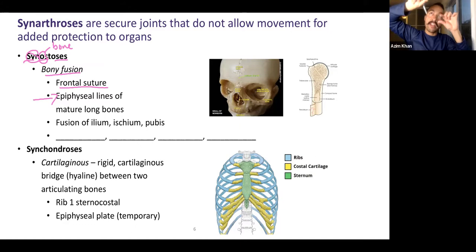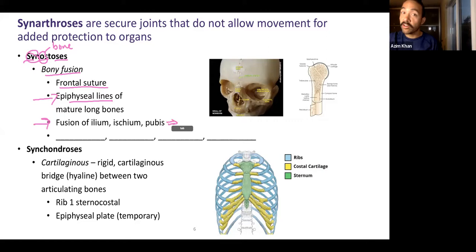But then eventually, as your bones grew and grew, the cartilage went away and your bones fused together to form a single bone. That epiphyseal line is evidence of bone-to-bone fusion. That is a synostosis. Other examples of fusion of bones, like the frontal suture, the ilium, ischium, and pubis, that forms your hip bone, otherwise known as your coxal bone.